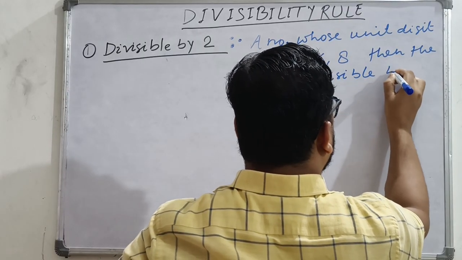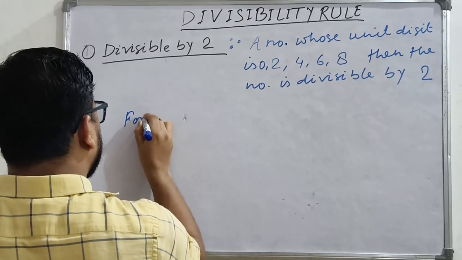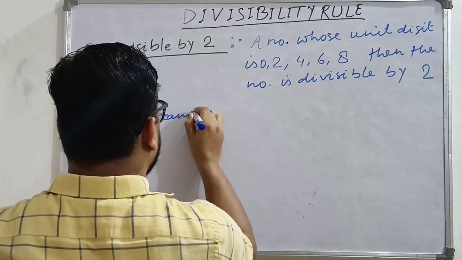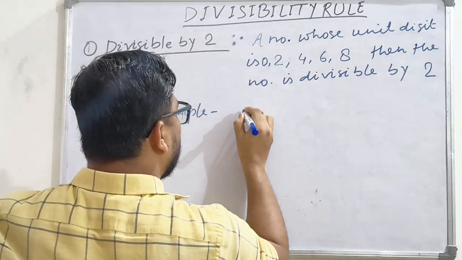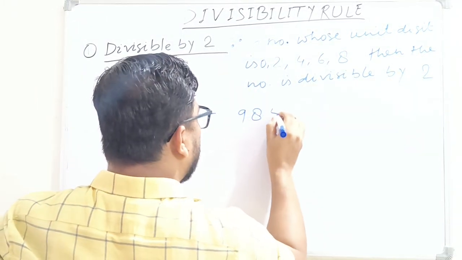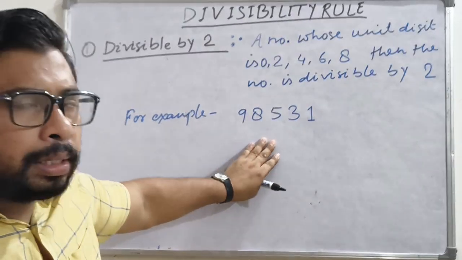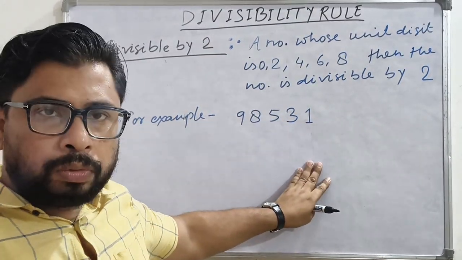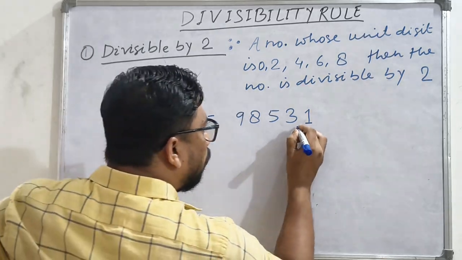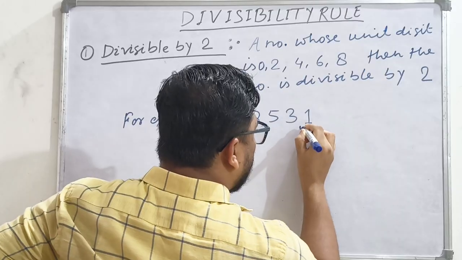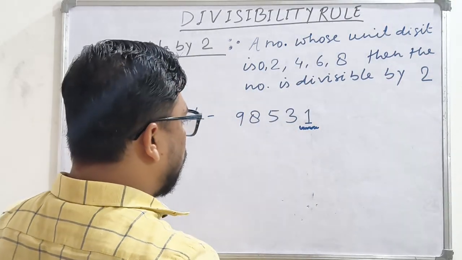For example, suppose I am giving you 98531. Is this divisible by 2? No. Why? Because this one is called the unit digit, this one is the tens digit, then the hundreds digit, thousands and ten-thousands digit.